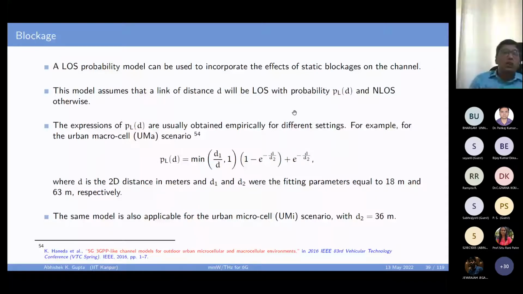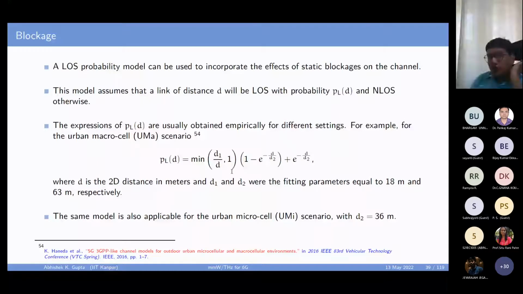So there are various channel models given to characterize this line of sight probability. Here, for example, you see the line of sight probability of a link of length D in an urban macro cell scenario is given by this particular format, where D1 and D2 are different parameters. In this particular case, they are found to be 18 meters and 3 meters.